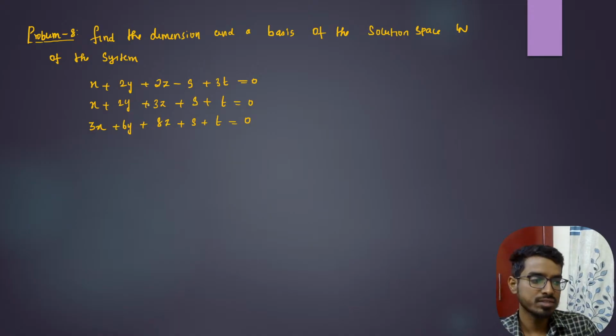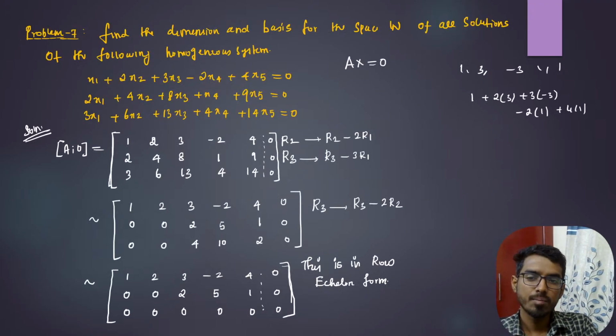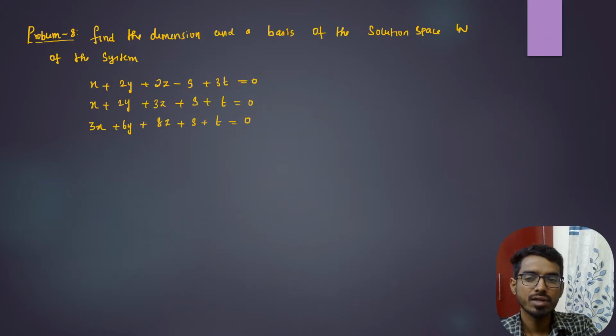So you just take this exercise problem. It's the same as the previous two problems. The same method you have to follow. So instead of x1, x2, x3, x4, x5, here we have x, y, z, s and t. Very simple, right?